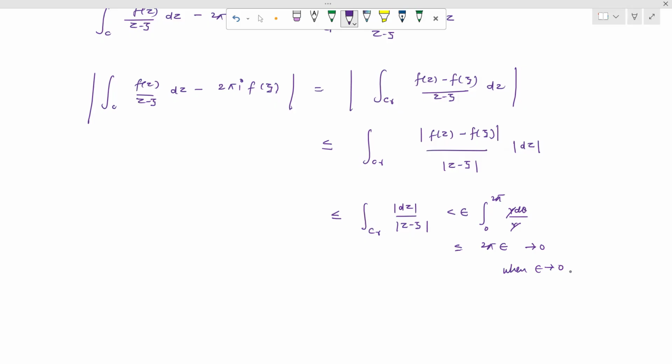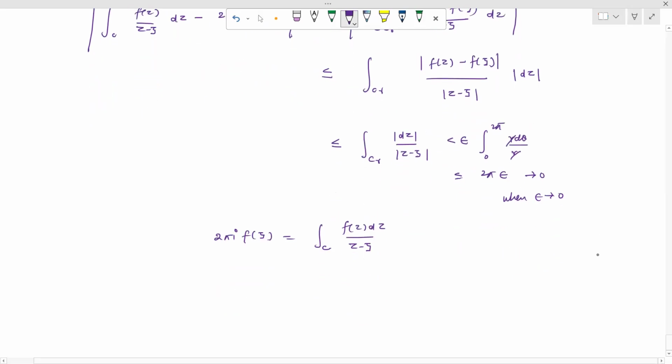the value 2 pi iota f(zeta) is equal to the integration along curve C of f(z) dz upon (z minus zeta). So now we can write down the value of f(zeta) equal to 1 upon 2 pi iota times the integration of f(z) dz upon (z minus zeta).